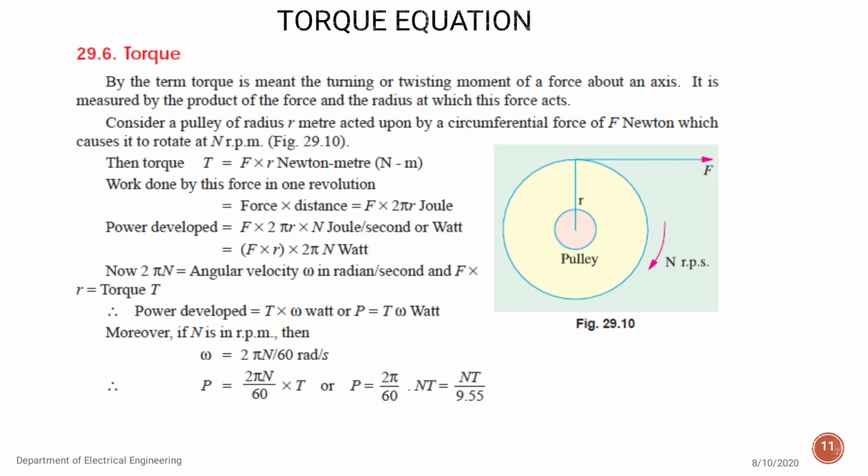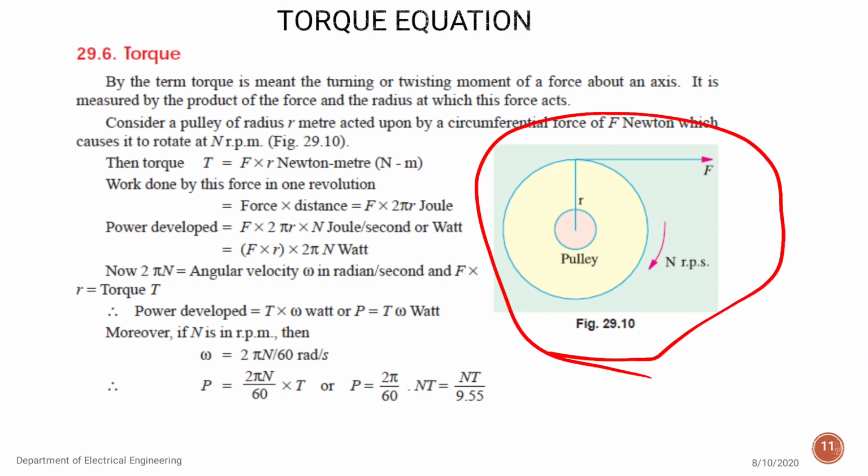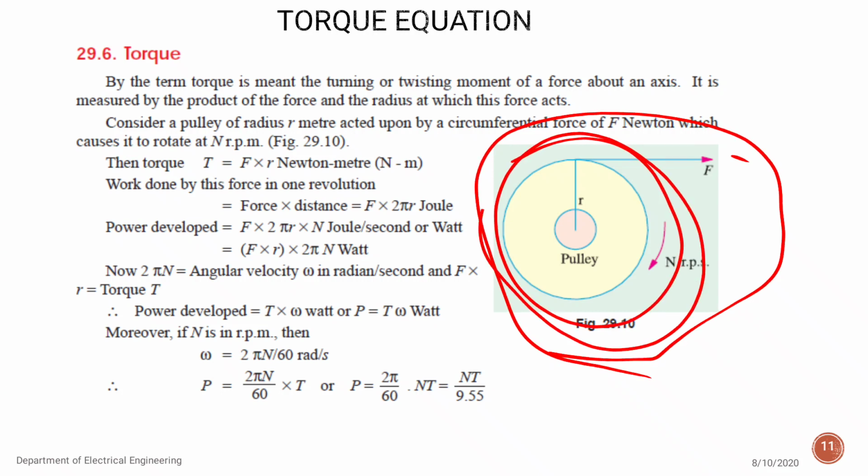First, the term torque is nothing but the turning or twisting moment about an axis. Now consider this is a pulley with a small radius r, and a force is applied here, and it is rotating in this direction.